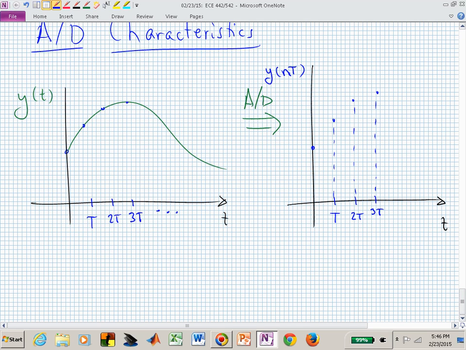What we're interested in is how do we model this sampler? Meaning, are there any dynamics in going from the left picture to the right picture, which is the process of sampling that analog waveform? Do we have any dynamics that we have to model when we package all 3 of these pieces together?